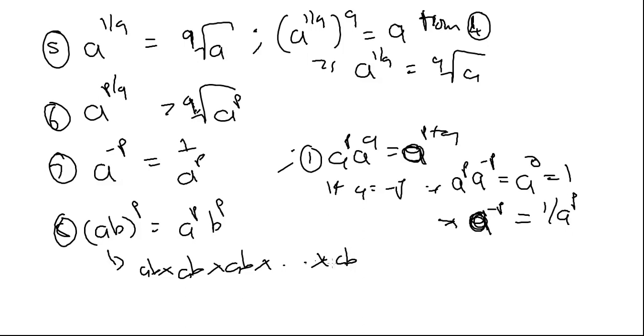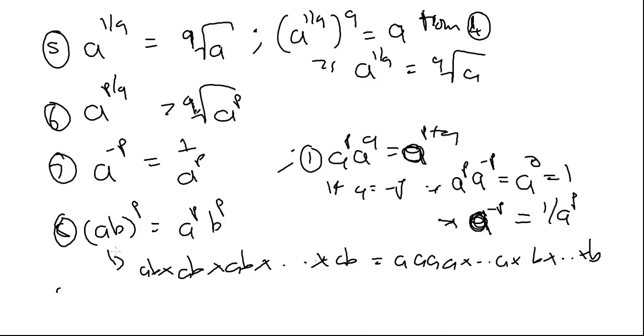So then if you just group all the a terms together, because if you're multiplying ab by ab, I can just move the a across. So I can move all the a's to the left hand side and all the b's to the right. And then how many a's do I have? Well, there's 1 from each of these p ab terms, so I'm going to end up with p a's and I'll end up with p b's, and that's all that this is saying, so no surprises there.